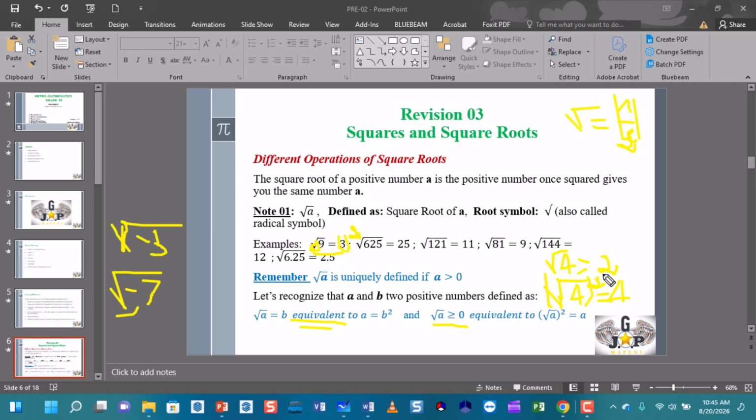Automatically we have 4 to the exponent 1, and any number to the exponent of 1 gives you the same number. That's why the square root of a squared gives you a. So this is what you need to understand at this moment, so that it's going to be easy for you.